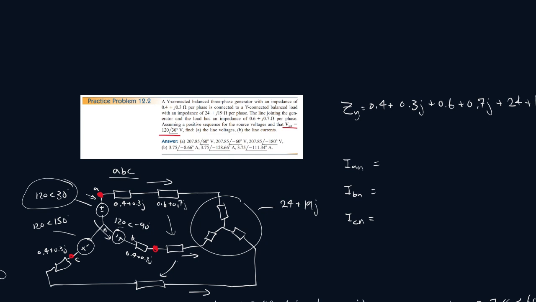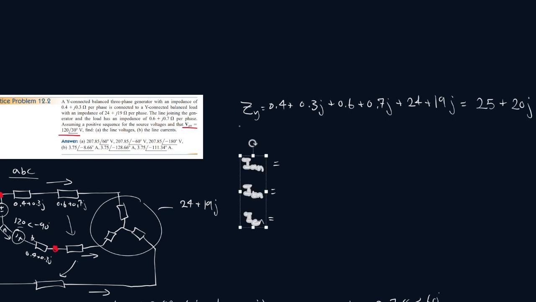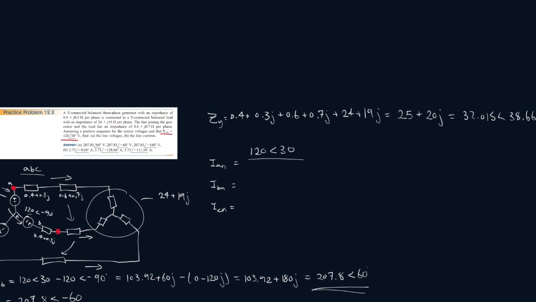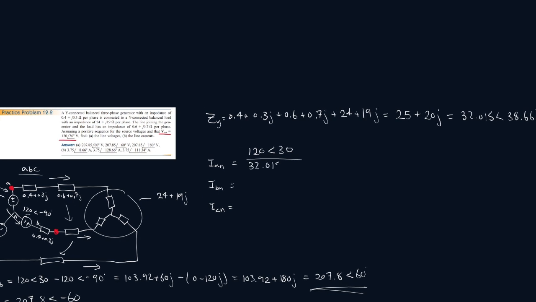So to get the line current, you take this voltage value and divide it by ZY. So it'll be 120 phasor 30 over 32.015 phasor 38.66. That's 3.748 phasor minus 8.66 amperes. Then the next value is the same, but you subtract 120, so it's minus 128.66.